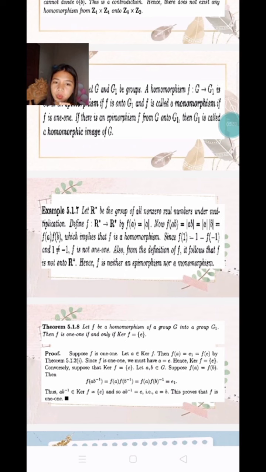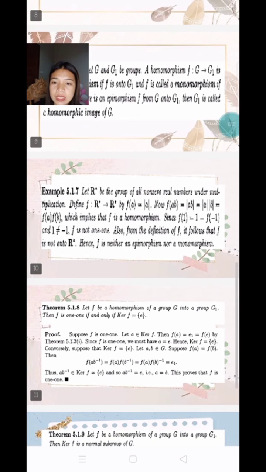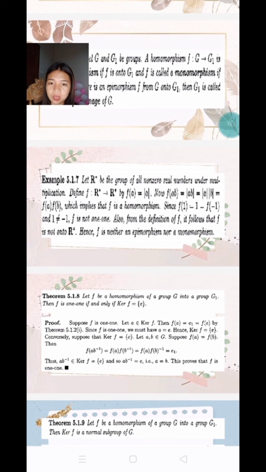Since f of 1 is equal to f of negative 1, and 1 is not equal to negative 1, f is not 1-to-1. Also, from the definition of f, it follows that f is not onto R star, hence f is neither an epimorphism nor a monomorphism.